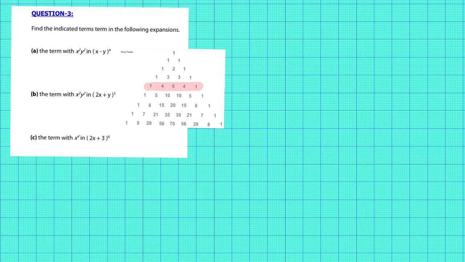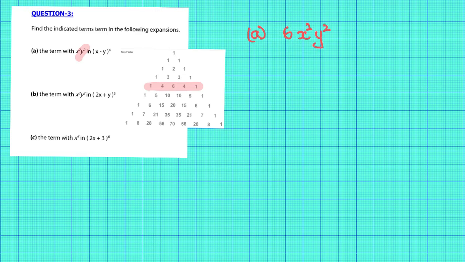Because we are dealing with y squared, r is equal to 2. So we want the third term in the expansion. So that is 6. Now we can put 6x squared y squared.